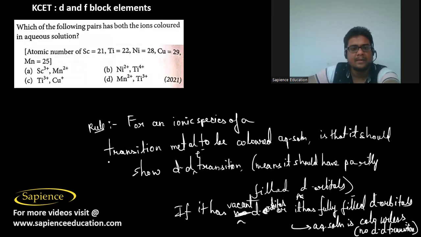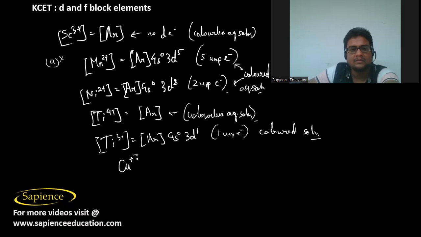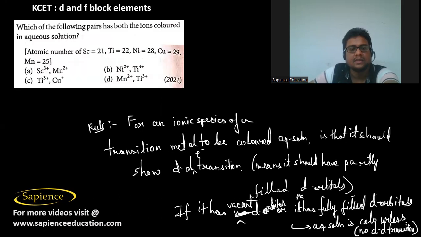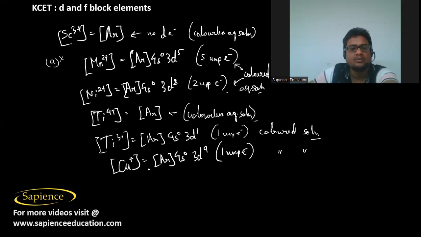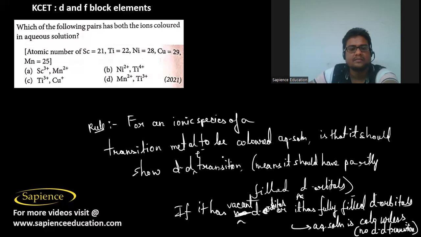Then Cu+ will also have the electronic configuration argon 4s0 3d9. So here also it has one unpaired electron, so it will also have a colored solution. And Mn2+, as I told. So Mn2+ and Ti3+ will have colored solutions.